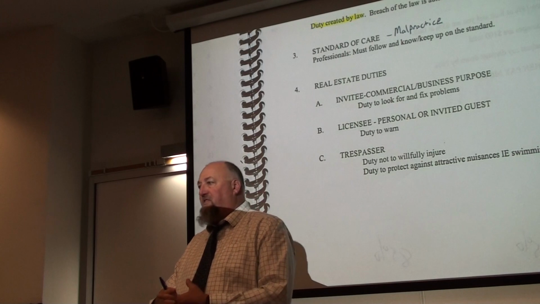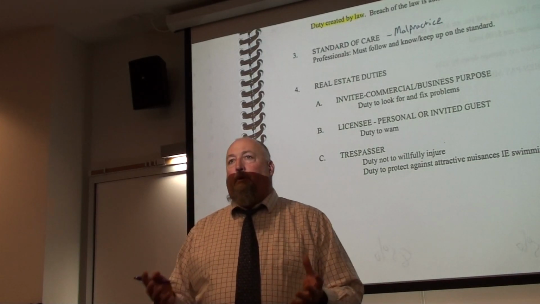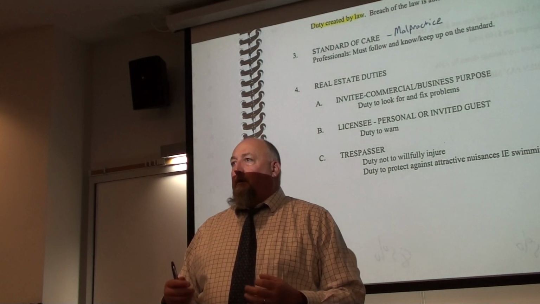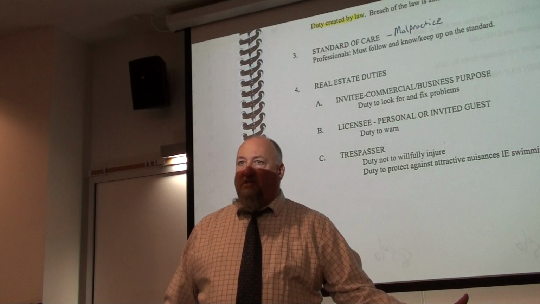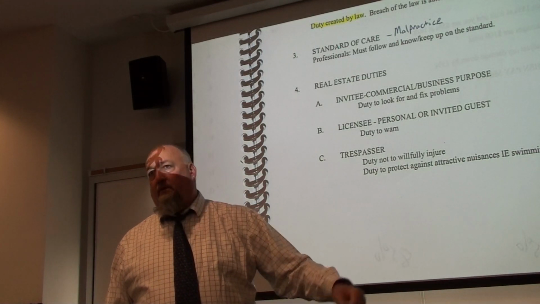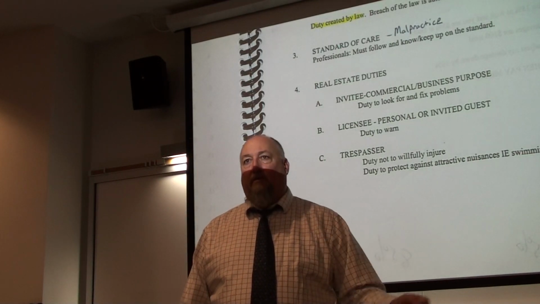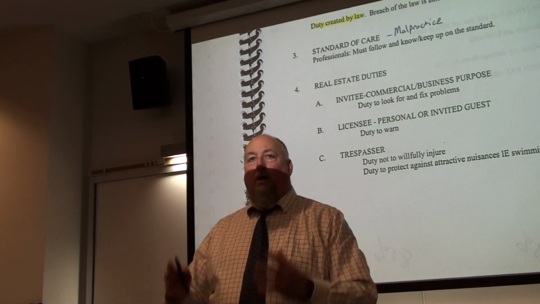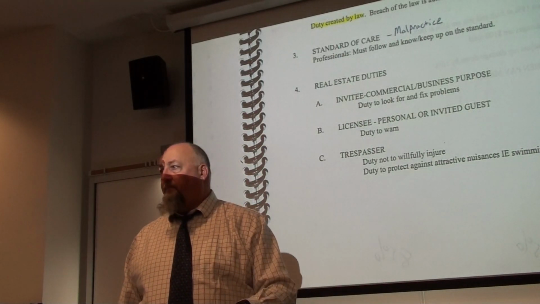So for example, let's say it's an apartment building, which is a commercial activity. I'm the apartment manager. It's my job to go out and look around for problems, to make sure that the staircase, for example, is not rotted out, to make sure the banister, you know, the grip rail as you're going up the stairs, is not wobbly and going to fall, or to make sure that the posts holding up the deck on the second floor are not rotted out.